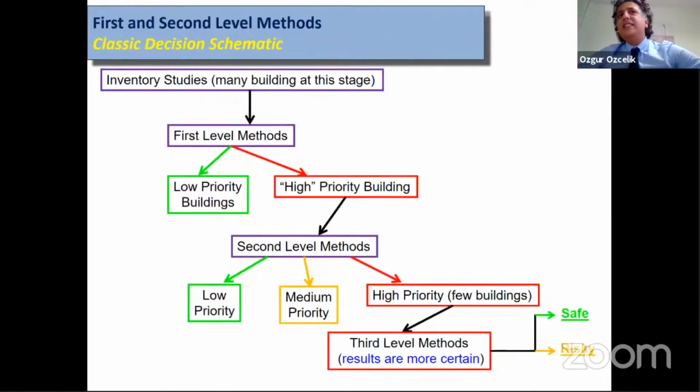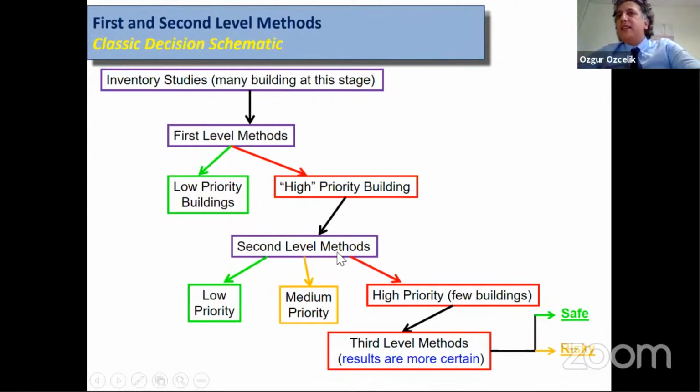So this is the classic decision schematic. You have many buildings at this stage. You perform first level methods. First level methods divide the building group into low priority and high priority buildings. The high priority buildings are a fraction of the total building stock.